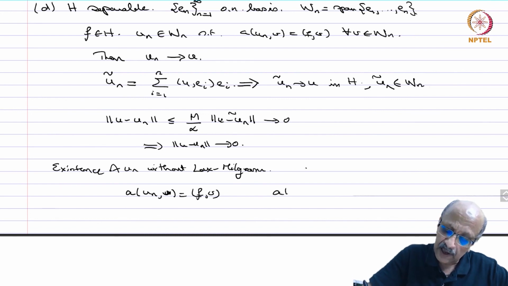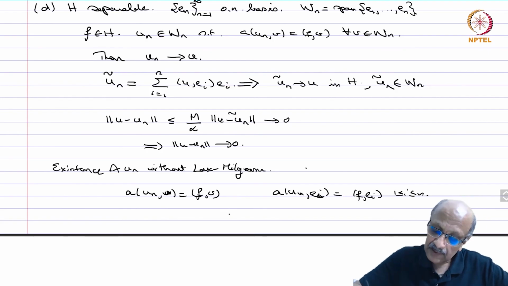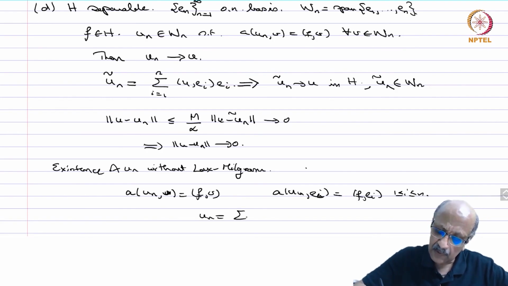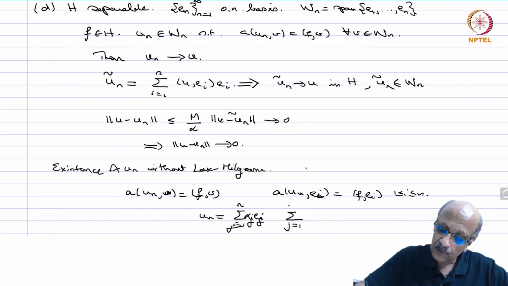So you take A of Un, ei equals F of ei for 1 less than or equal to i less than or equal to n. Then Un itself can be written as sigma alpha j ej, j equals 1 to n, and you substitute that here. So you get sigma j equals 1 to n of A of ej, ei times alpha j equals F of ei, for 1 less than or equal to i less than or equal to n.